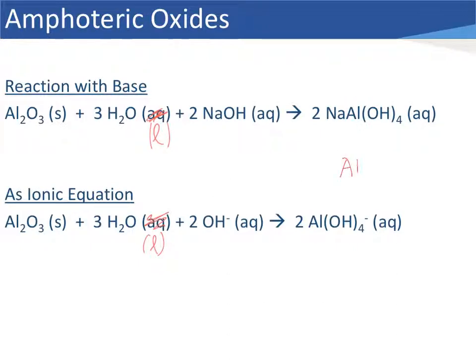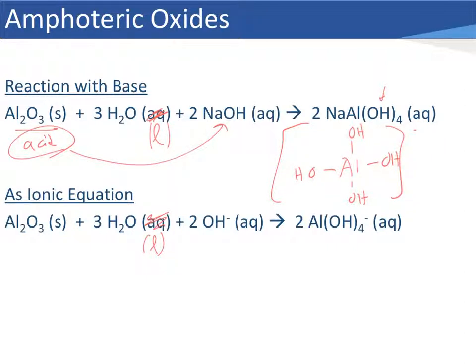And this aluminum is a complex ion with aluminum surrounded by 4 hydroxides in a complex ion that's very similar to a transition metal complex ion. So these hydroxides are not available to dissolve in the water because they're part of this polyatomic ion, this complex ion. So the aluminum oxide is acting as an acid and neutralizing this base.